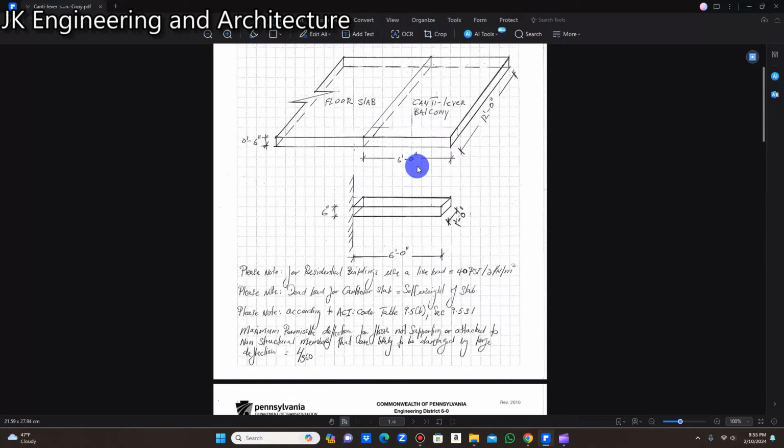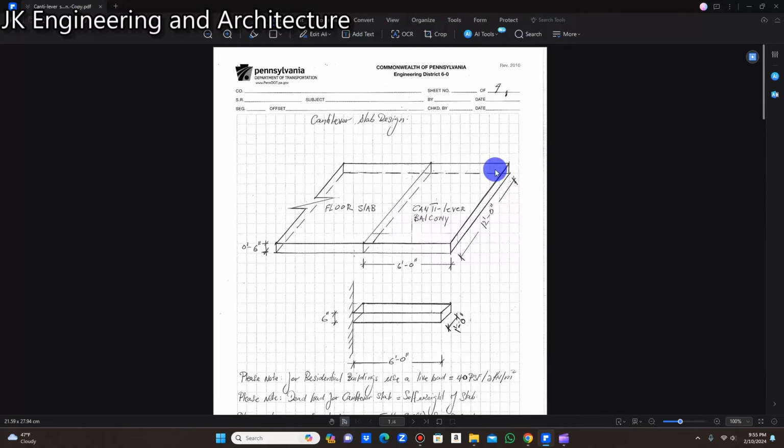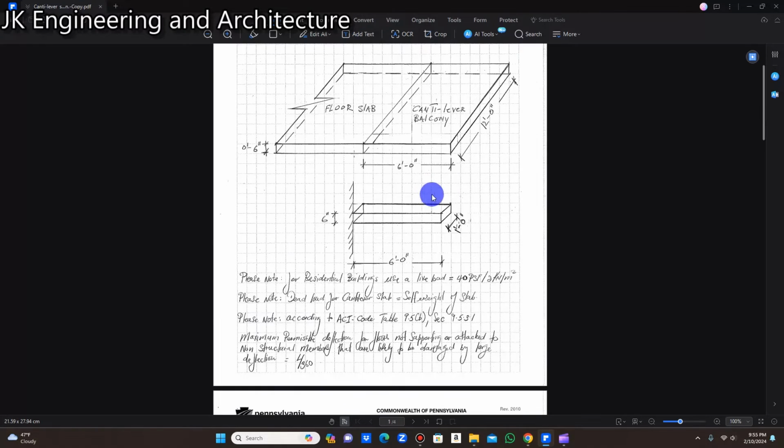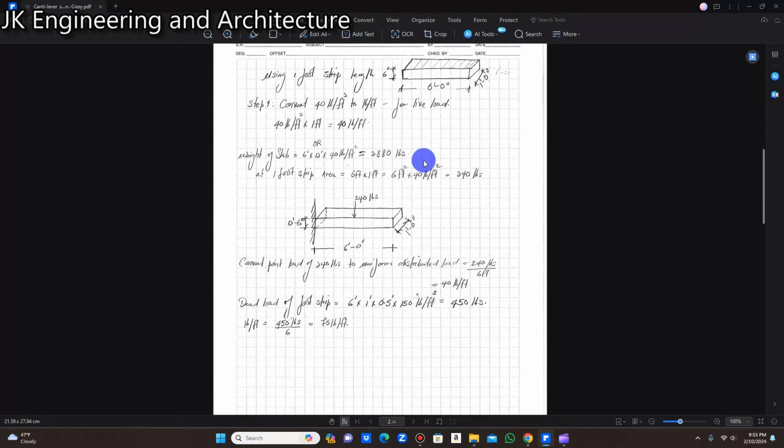So the dead load of this slab, the entire 12 feet length by 6 feet projection, is 2,880 pounds. That's for the entire weight of the slab, the full 12 feet length. But we do not want a full 12 feet length. Remember now, we are only working with a 1 foot length. All right.